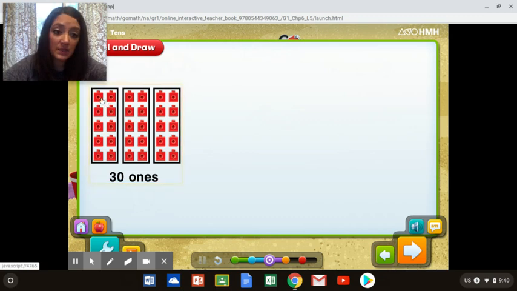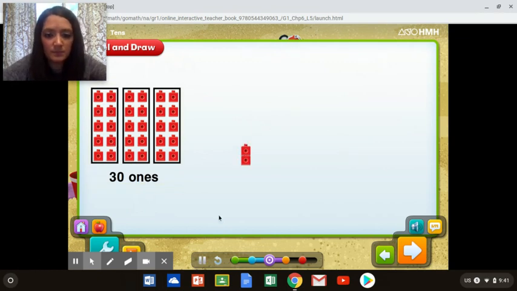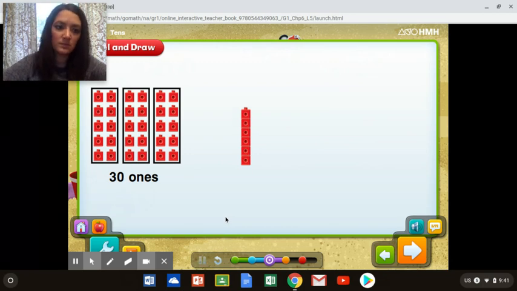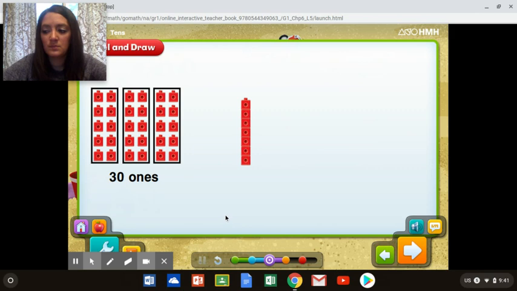So now, instead of them being individual, we're going to connect them to make a group, a stick of 10. 1, 2, 3, 4, 5, 6, 7, 8, 9, 10. Now 10 cubes are connected into one 10, but we have 3 groups of 10.